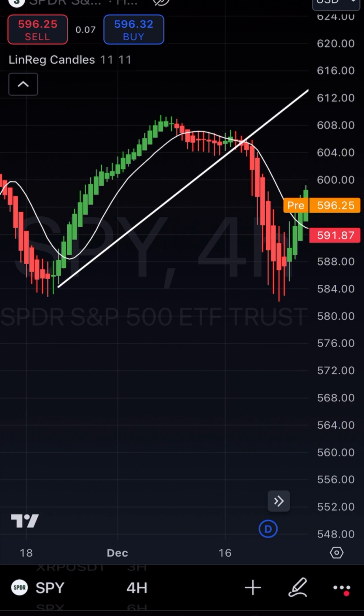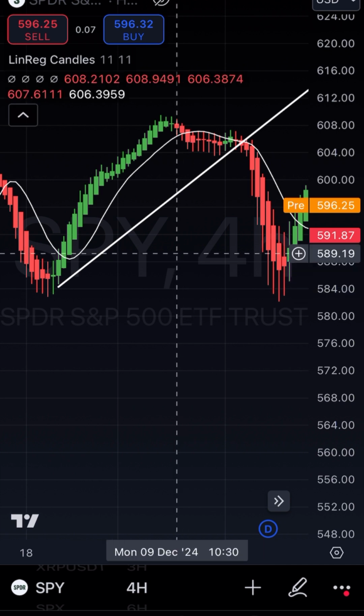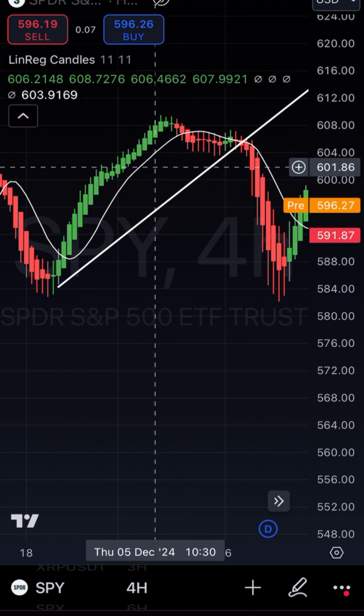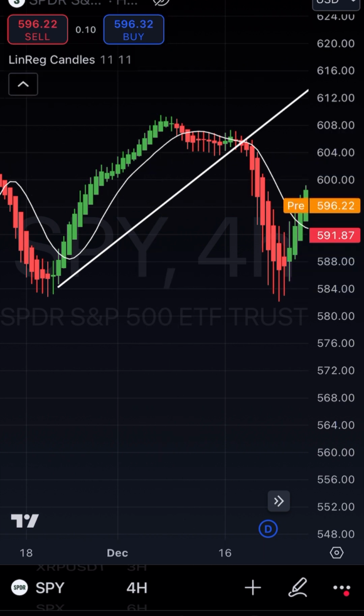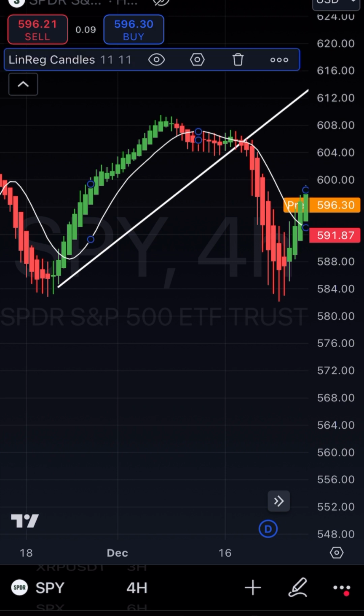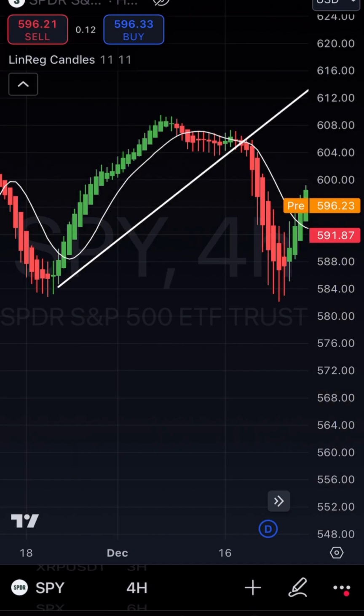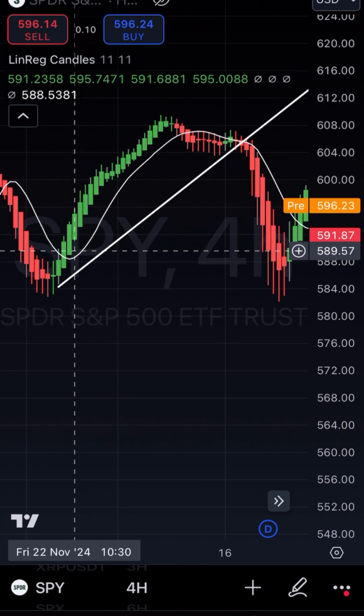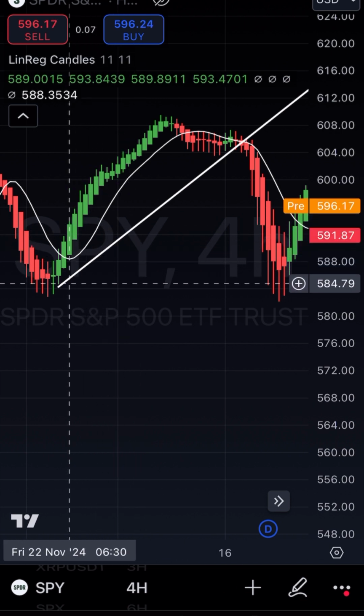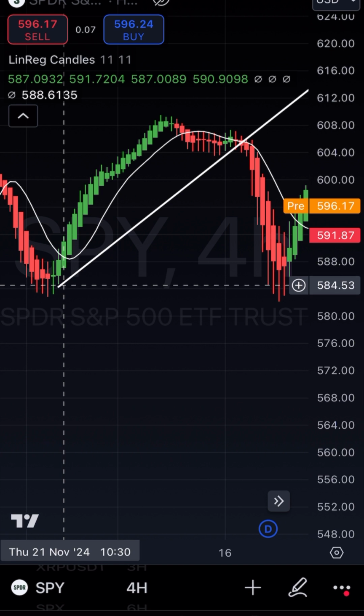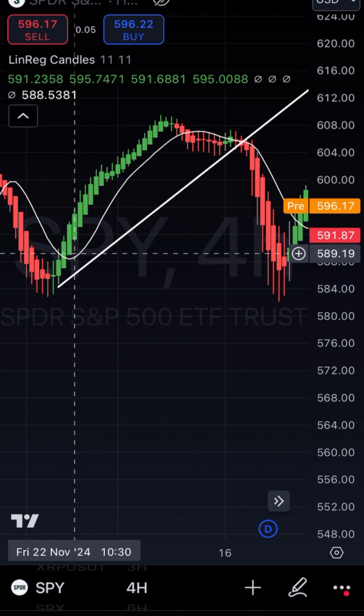So basically, you can enter in different ways here. You still have your, I think that's a signal line. Let's call it that. Yeah, this is your plot line from the linear line, so you could notice that you're going in an uptrend, and you could get in your trade right here.